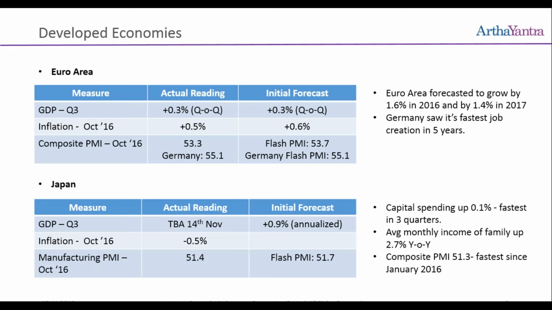Moving to Japan. Japan's GDP is estimated to be at about 0.9% for the previous quarter. However, the actual reading of the GDP will only be seen on 14th November.